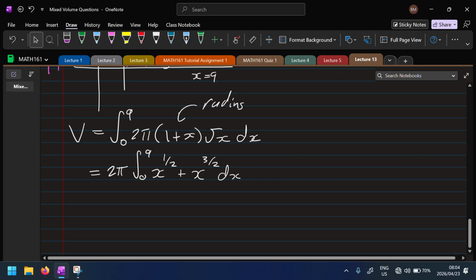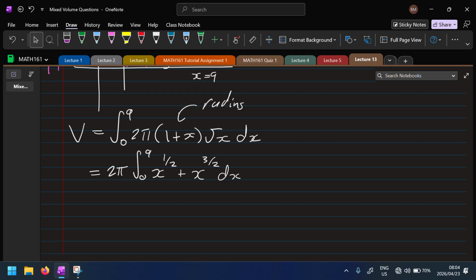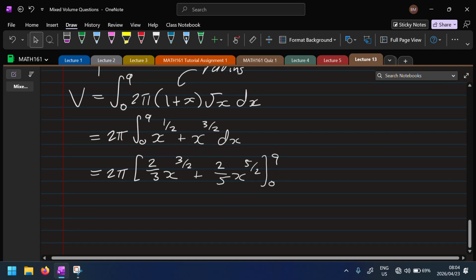So we just have to evaluate this, add 1 to the exponent, divide. Pretty easy. Again, if we substitute 0, we get 0. So we just need to put in the 9 there. A quick calculator check. What do we get?